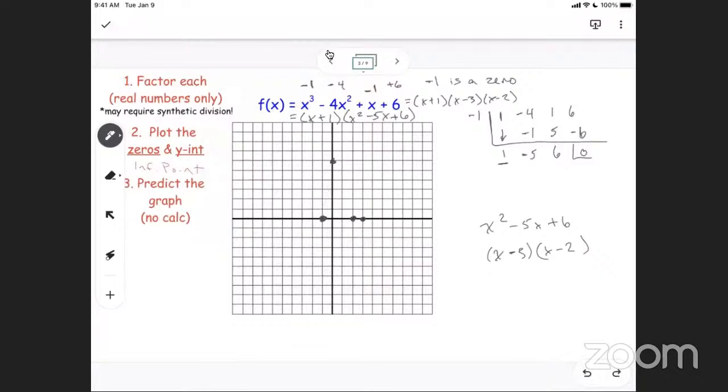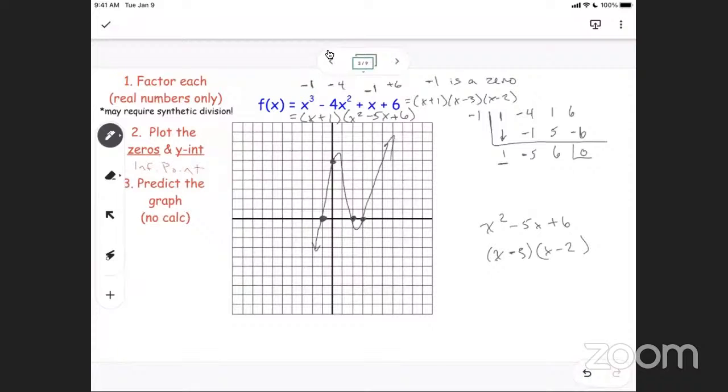So my rough sketch is going to be something like this. It's going to pop up here, it's going to come down there, and it's going to come back up there somehow. That wasn't very pretty. It's probably going to be something more like this. But that's going to be my graph, roughly predicted.